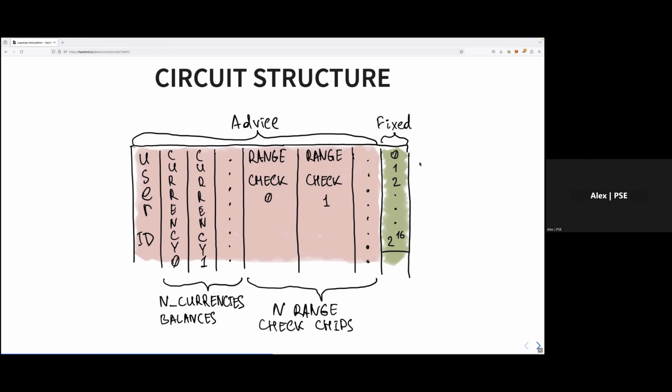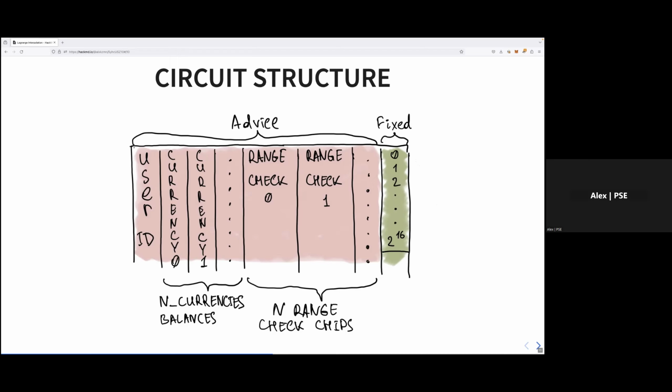And the range check chips require a column of fixed values because they decompose the balance value. In the case of Summa v2, we're decomposing the balance value into four 2-byte words. So we're making all the balances occupy 8 bytes at most.